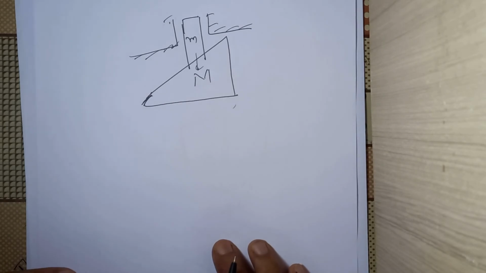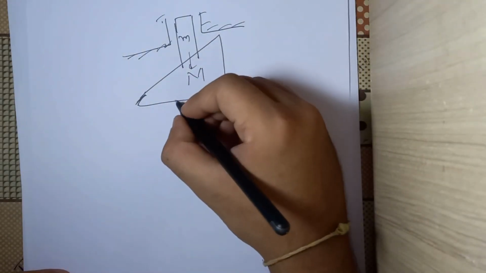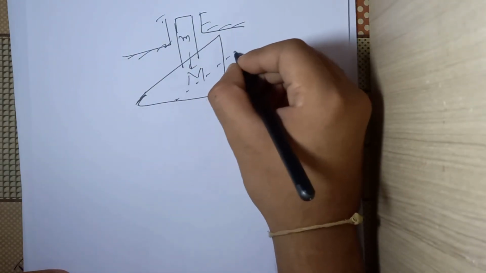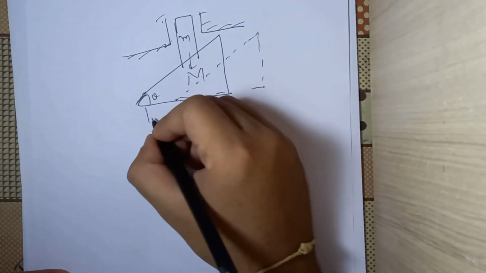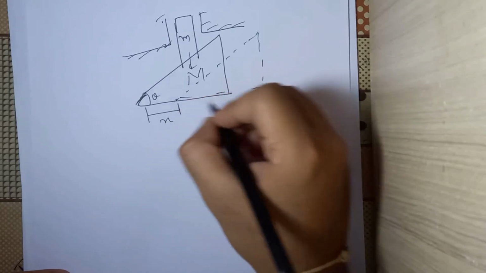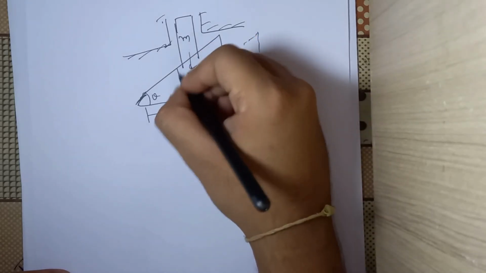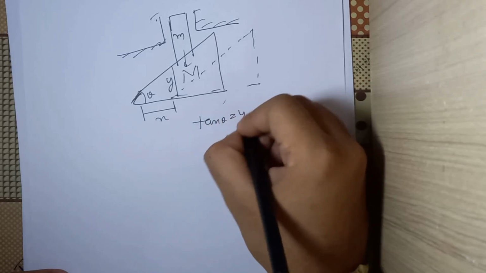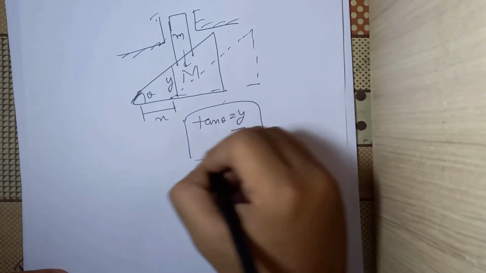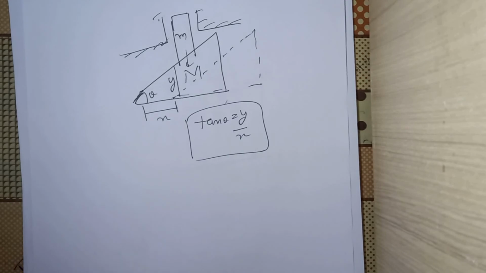So we can develop the first constraint equation in a similar way as we did for the previous example. Let us assume this angle is theta. Let us assume this is moving by x in the right direction and this is moving downwards by some y. So tan theta is equal to y by x. The relation will depend on the situation; you just need to keep in mind the process through which we are deriving the relations.